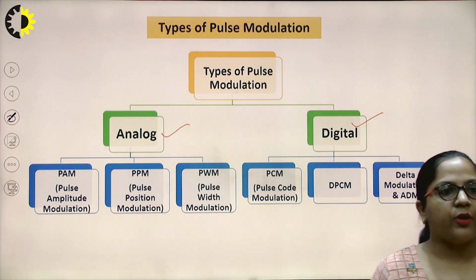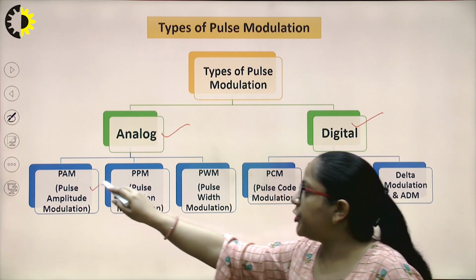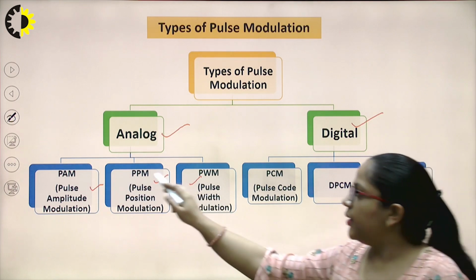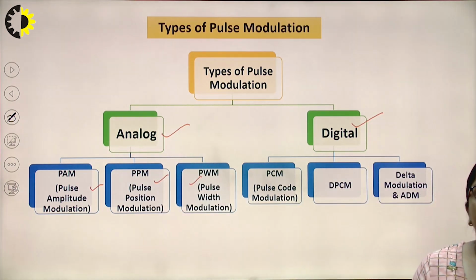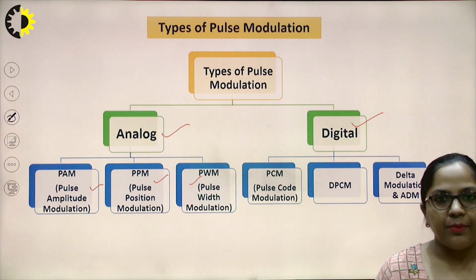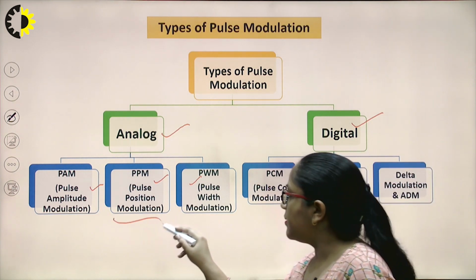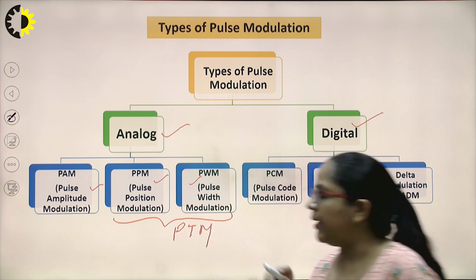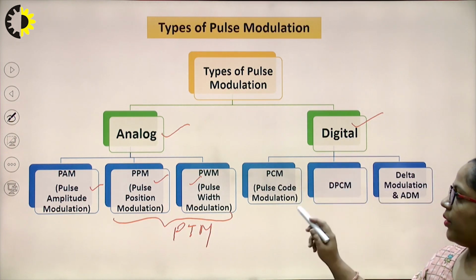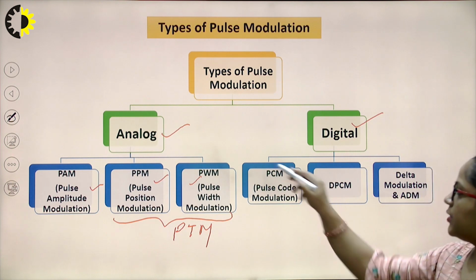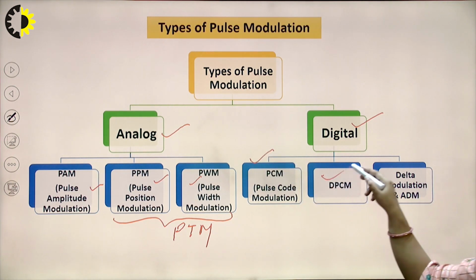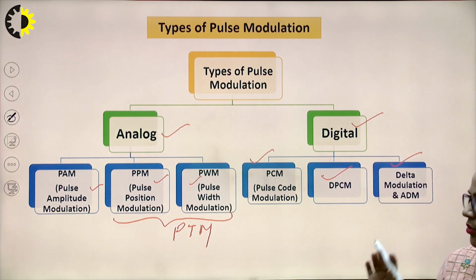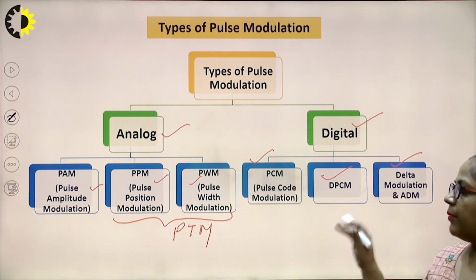Under analog pulse modulation, we have pulse amplitude modulation, pulse position modulation, and pulse width modulation, out of which pulse position and pulse width modulation come under the category of PTM, that is pulse time modulation. In digital pulse modulation, we have pulse code modulation, differential pulse code modulation, delta modulation and adaptive delta modulation. Now we will discuss all of them one by one.